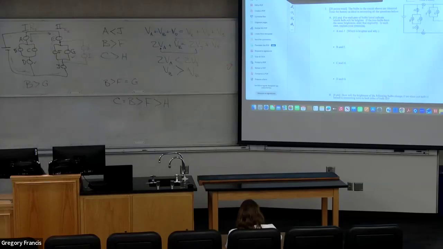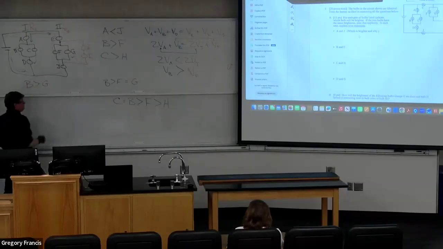How does D compare to B? Bigger. Which is brighter, D or B? D, yeah. B only gets half the current through D. And folks, just as a rule of thumb, whenever you're comparing an indicator bulb from one branch to a bulb that's not an indicator in another branch, your gut's telling you the indicator bulb is going to win.